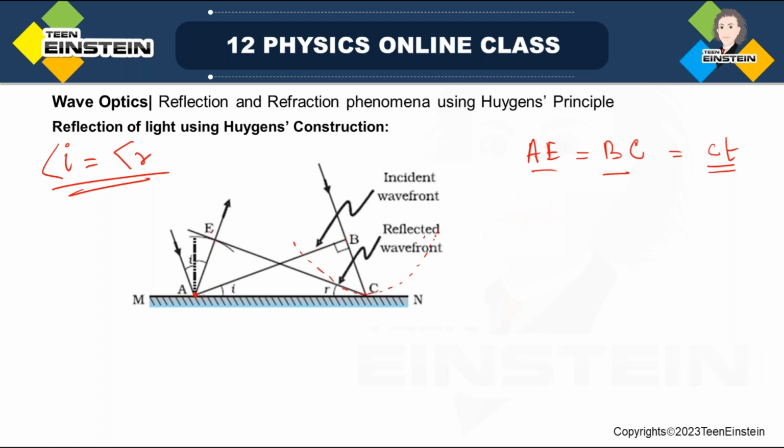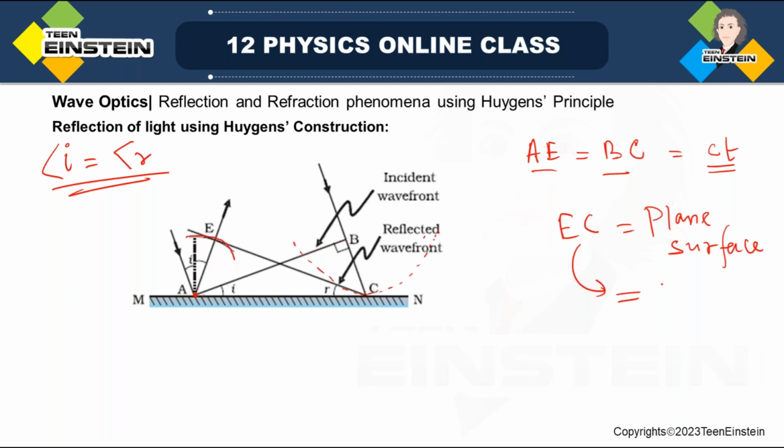So if we take a common tangent on these wavefronts, we get a surface. See EC, this is a plane surface, and it is actually the reflected wavefront.